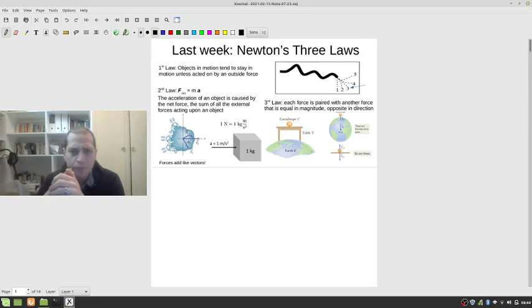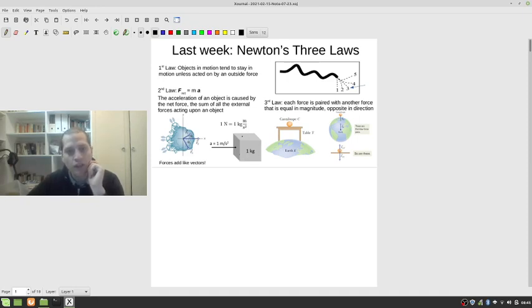So, what was Newton's second law? Newton's second law says that if we want to explain changes in the way that an object is moving, that is, if we want to explain accelerations, we have to introduce net force. And a net force has units of newtons, which are kilograms meters over seconds squared. What does that mean physically?